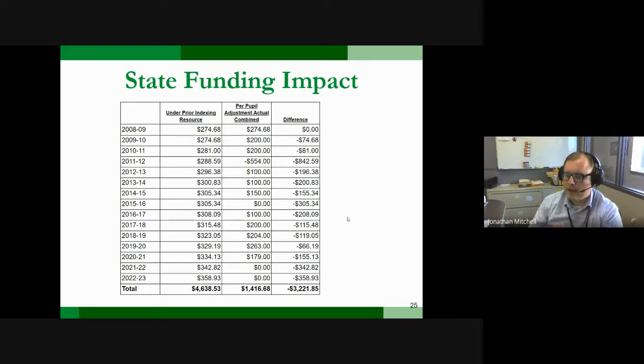So when that is netted in, the increase over this period of time is about $1,416. This represents what's been available as new per student revenue over that period of time from 2008 into the 22-23 school year that's upcoming.